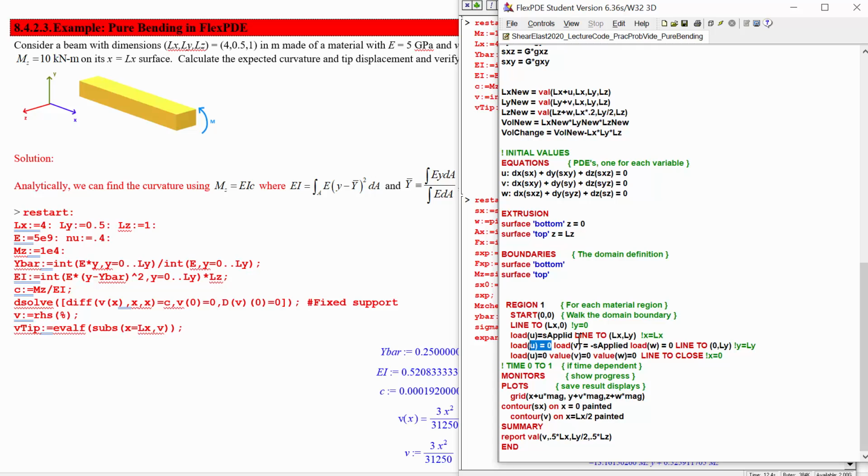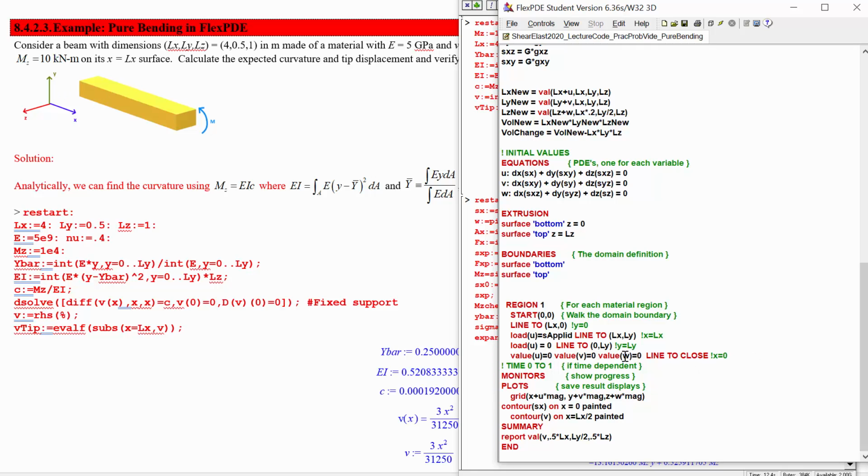Then we'll reset the load in U to 0 along the top surface, so the line from Lx, Ly, this top right corner, back to 0, Ly. And then on the back surface here, we'll fix it in X as well to make sure that it definitely does apply that pure bending moment, to put it into pure bending there.